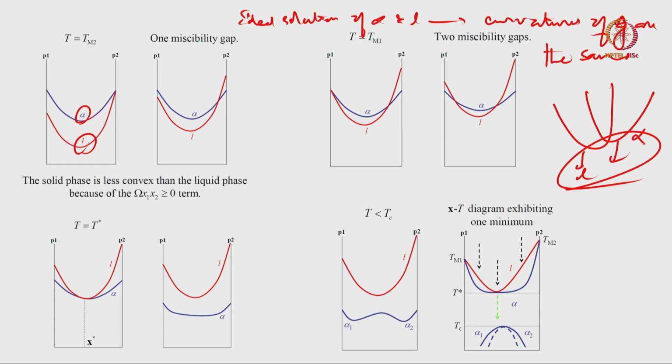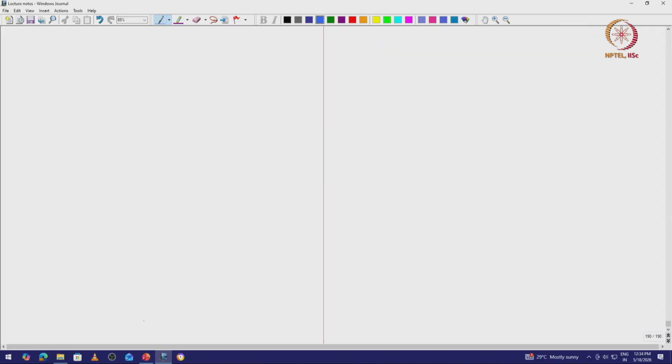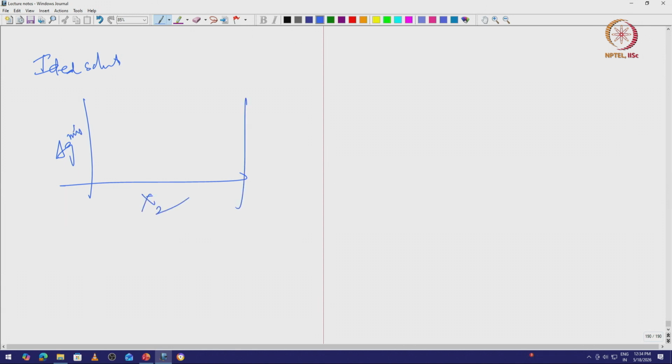Whereas here, if I look at the expression, I'm just going to add an omega x1 x2 to the total free energy. For example, I have an ideal solution where delta G mix versus composition looks like this. It's just entropic.